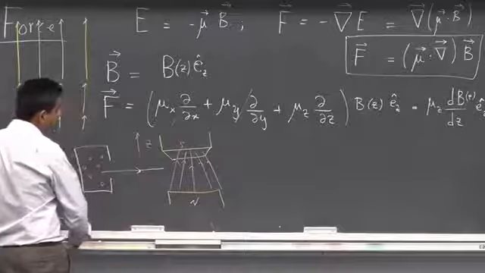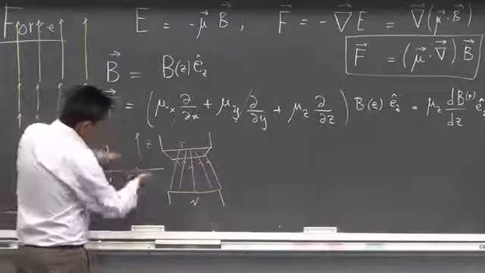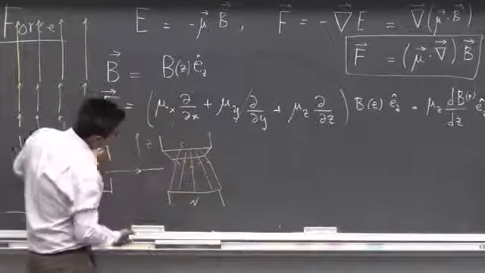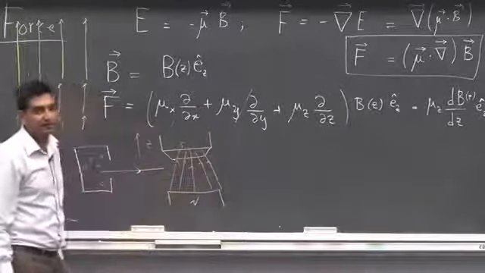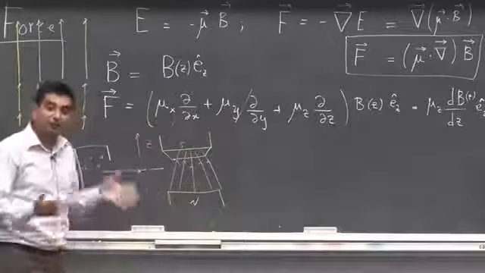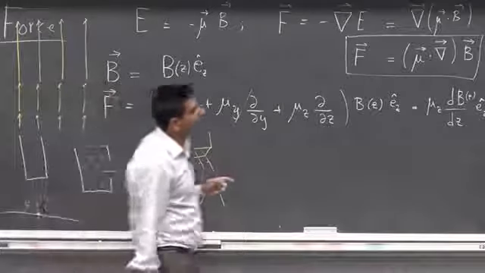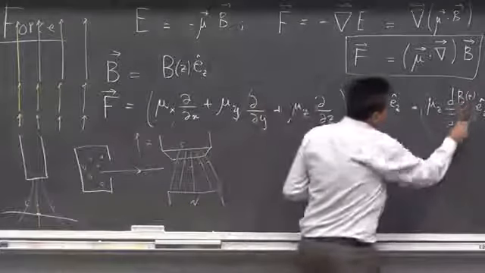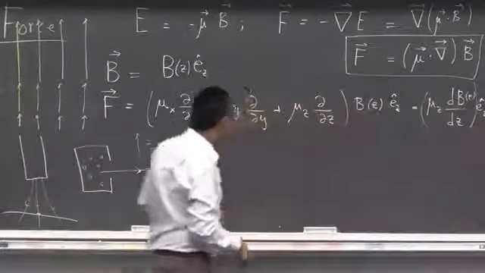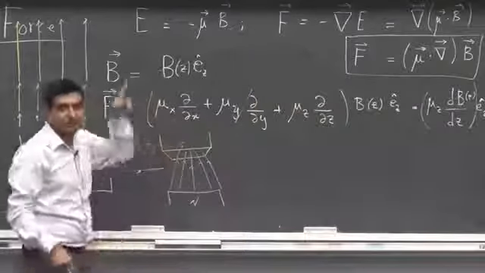So if I have spin half particles coming in, and they traverse this inhomogeneous field, a force will act. The force is going to be in the z direction, and the magnitude of the force depends upon this. Now this thing is engineered by the magnet, so dB over dz is increasing in the positive direction.